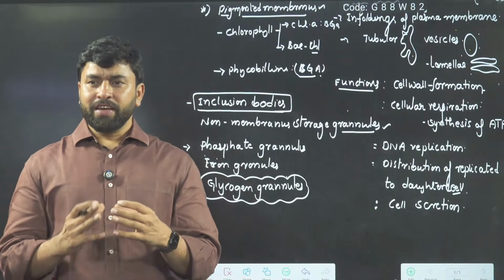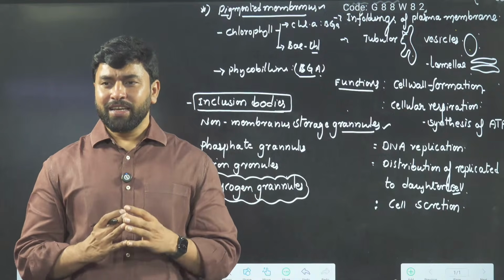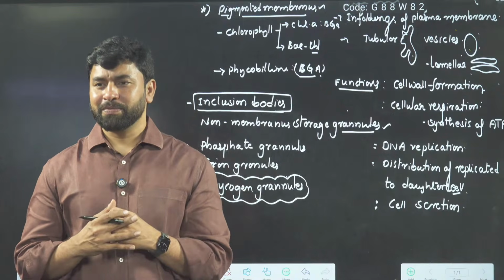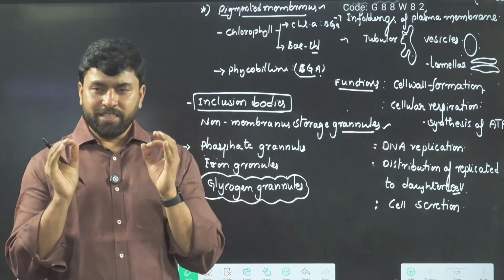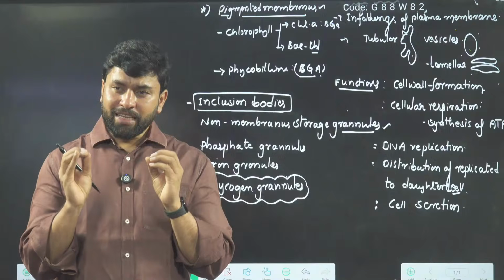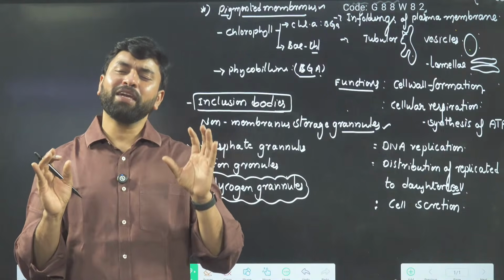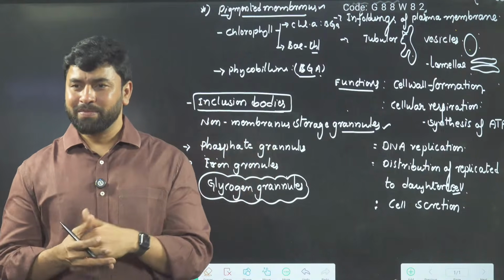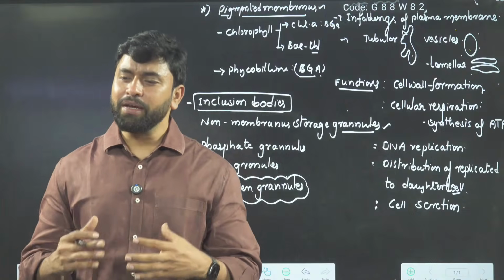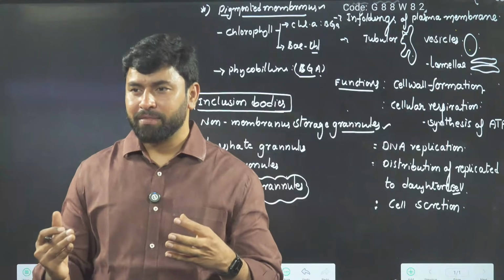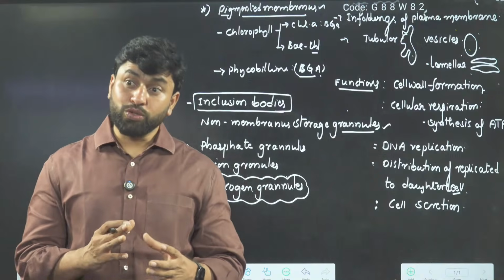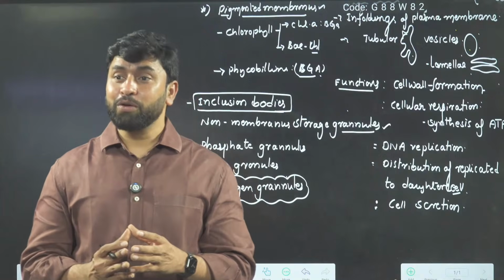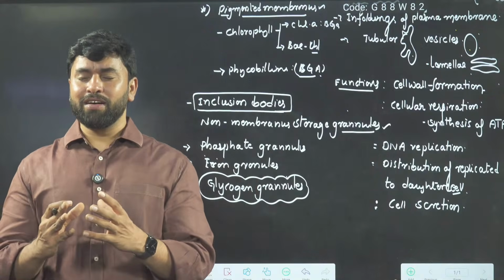Next one. In addition to plants, is there anyone who stores starch? If you closely analyze these questions, generally, other than plants, the remaining store glycogen. Glycogen is a commonly stored food material. Glycogen is stored by bacteria, by fungi, by protista members.